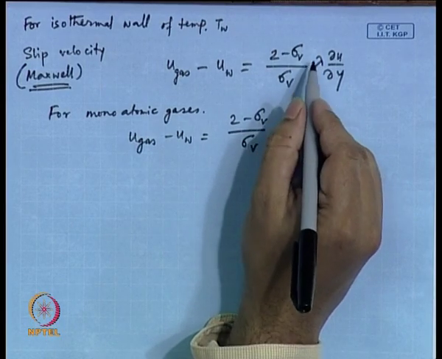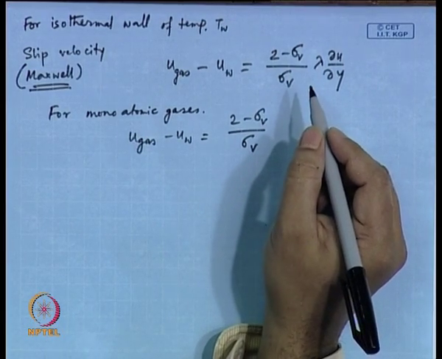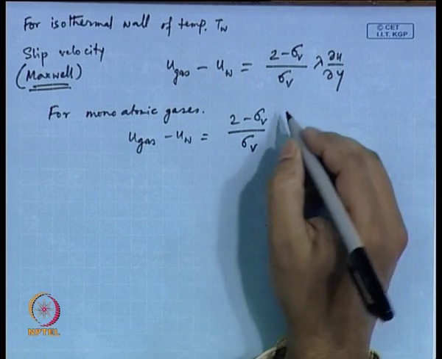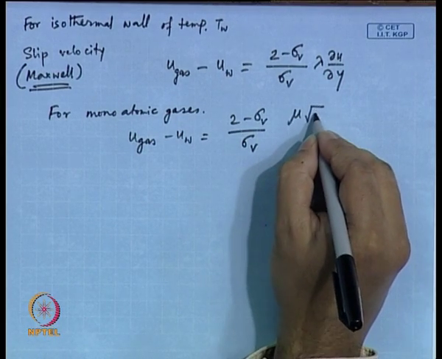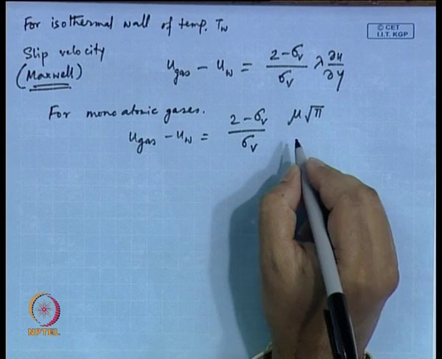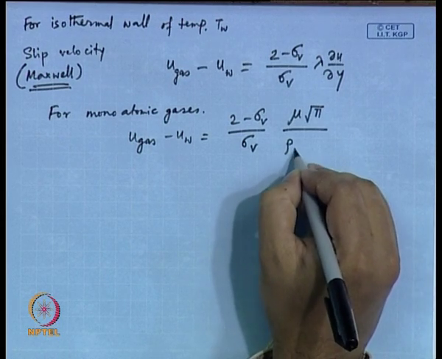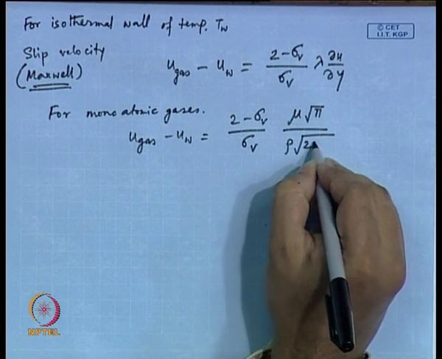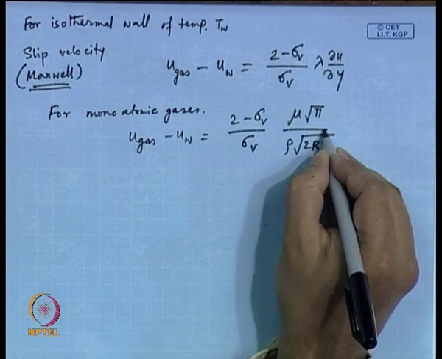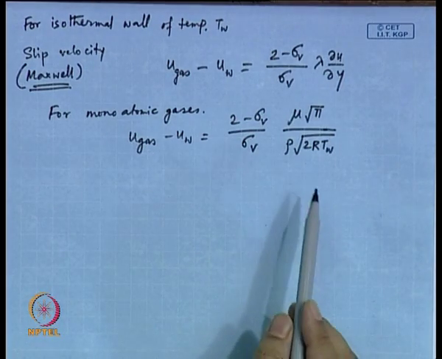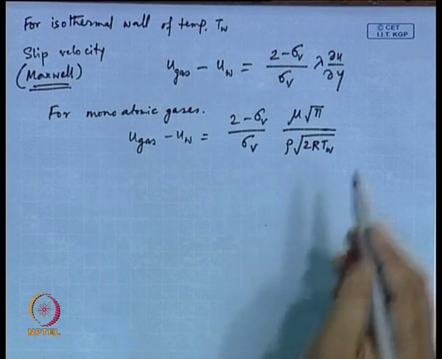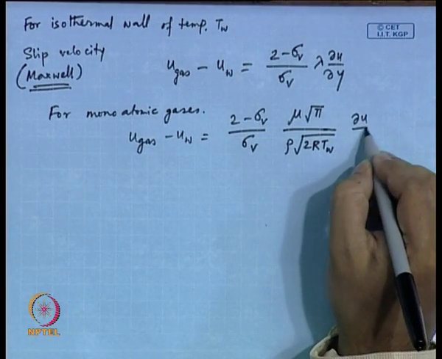However, lambda, the mean free path, has an expression for monoatomic gases, and that expression is mu square root of pi divided by rho square root of 2 r T w. This is the expression for lambda for monoatomic gases.